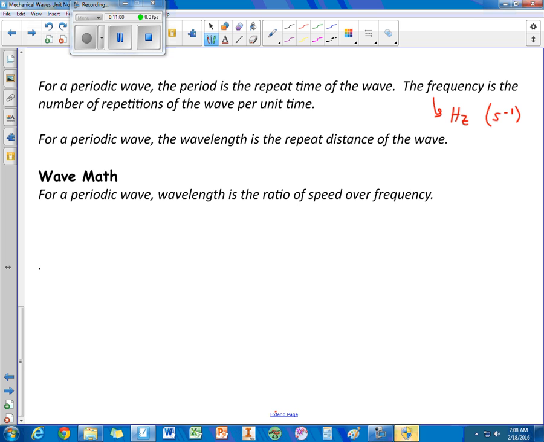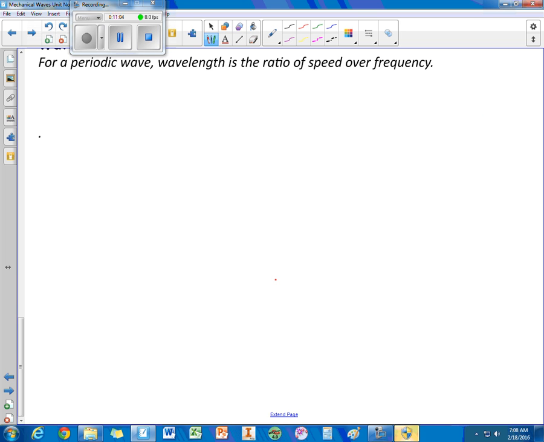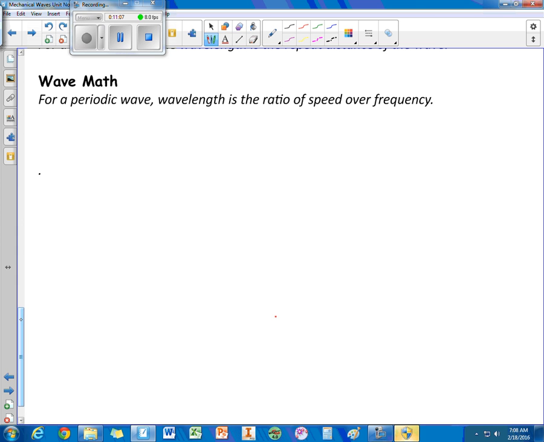Now for some math for our periodic wave. First off, we have the frequency is equal to 1 divided by the period, and the period is equal to 1 divided by the frequency. Now velocity, if we have constant velocity, it's delta x over delta t. As it turns out, waves are pretty close to constant velocity.